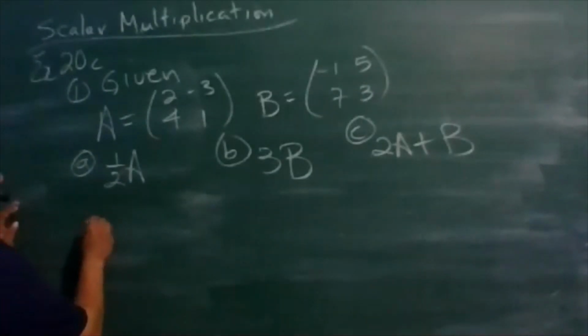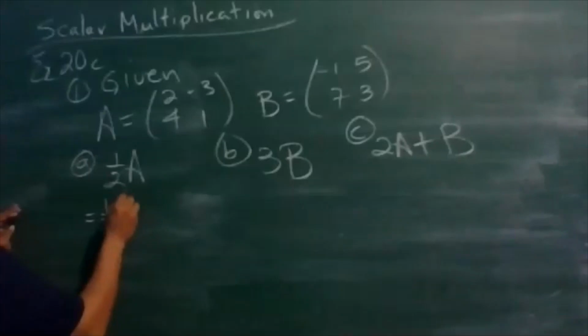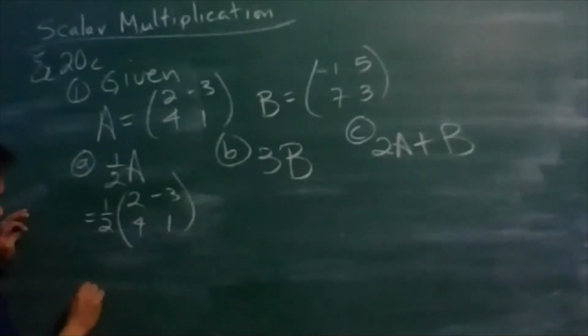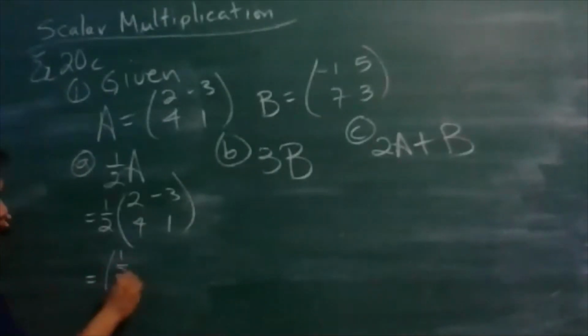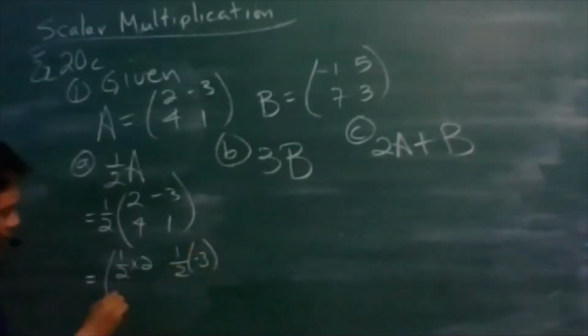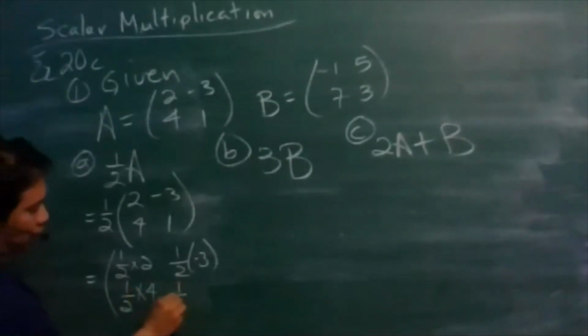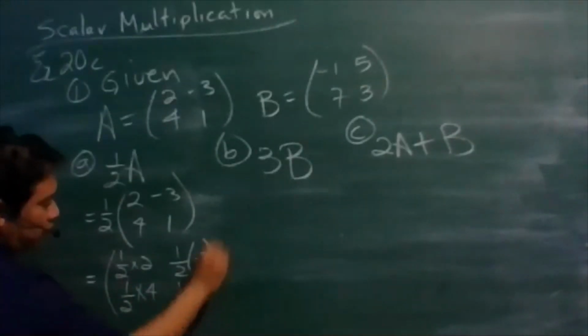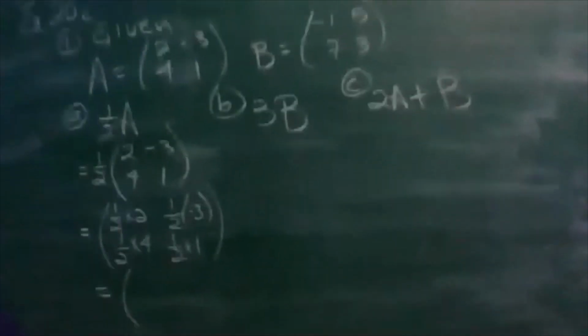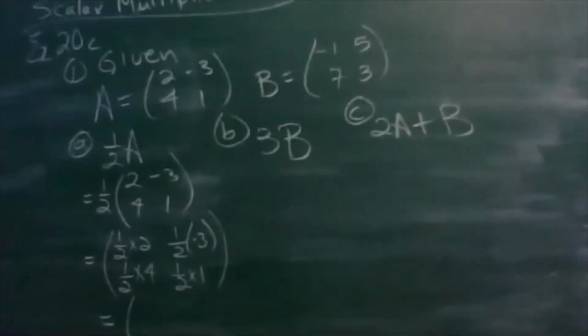For the first one, it says half of A, and A is (2, -3, 4, 1), which means we're going to say a half times 2, a half times negative 3, a half times 4, and a half times 1, which will give us an answer.